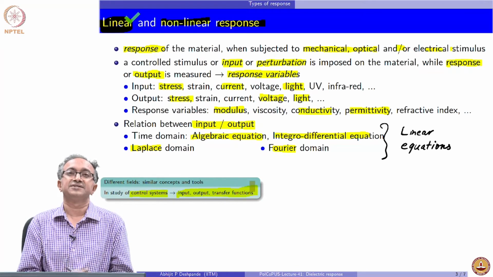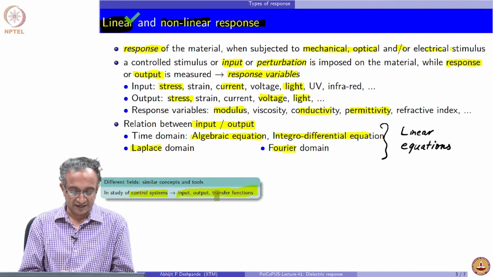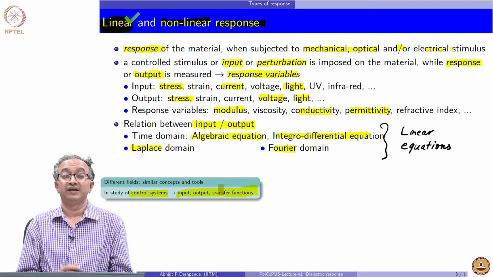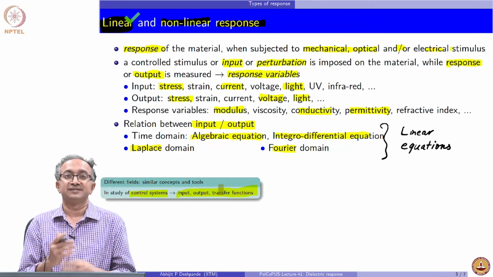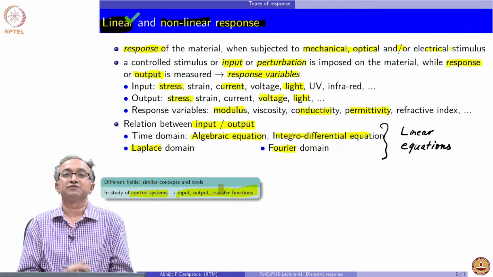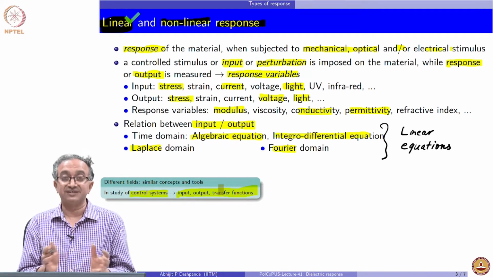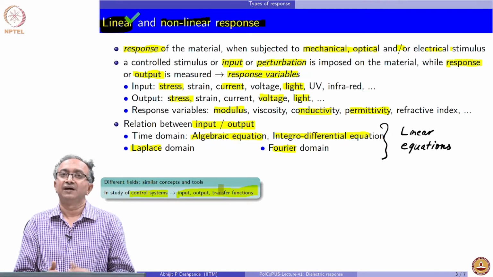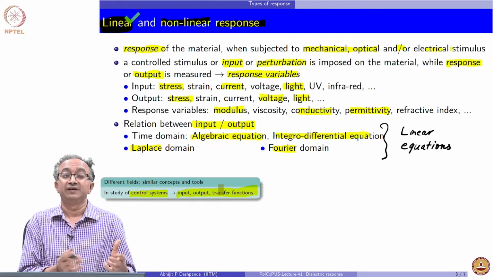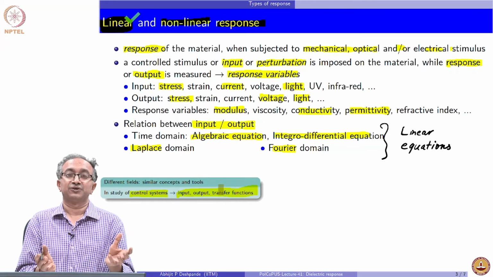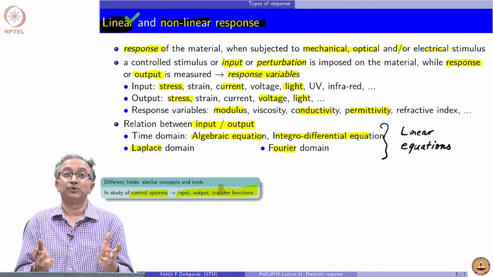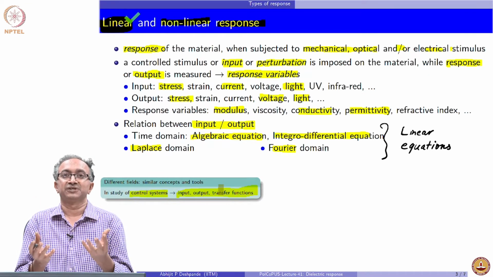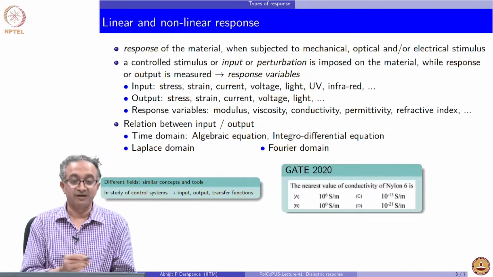Many times we analyze systems as being linear, and in that case the transfer function, which is basically like what we are calling here response variable, captures the system response, and it is a relationship between input and output that the transfer function defines. Many of the features that we analyze in viscoelasticity or dielectric response of materials are common to control, where we are looking at maybe a vehicle control or a chemical plant control, very complex systems, but in the end we are interested in relationships between inputs and outputs. So, very similar tools can be used.